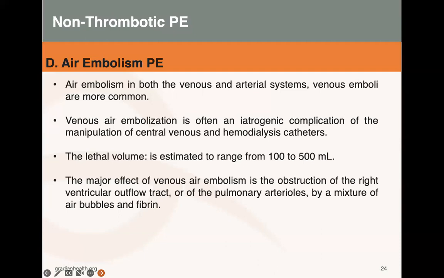And the lethal volume of air ranges from 100 to 500 mils. So once you have 100 to 500 mils in your circulation, it's high risk, and you can end up in major complications. The major effect of venous air embolism is the obstruction of the right ventricular outflow tract or the pulmonary arterioles by a mixture of air bubbles and fibrin. Next slide.